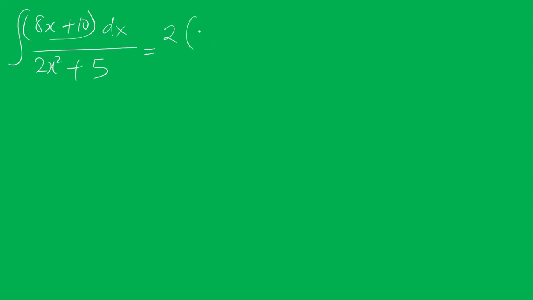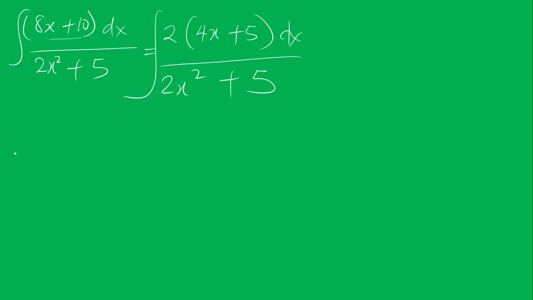Meaning the integral of 8x plus 10 dx divided by 2x raised to power 2 plus 5x is equal to, if you factor out 2, you have 2 into 4x plus 5 dx divided by 2x to power 2 plus 5x, with the integral sign.